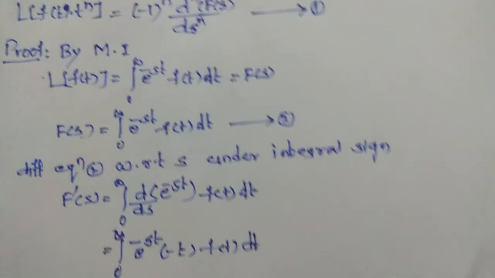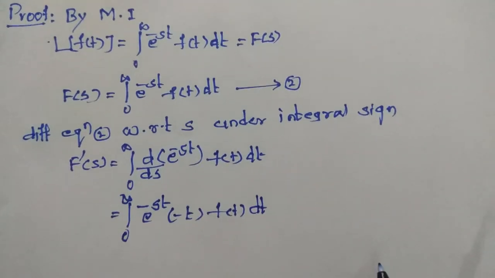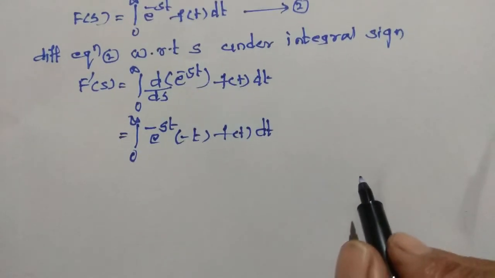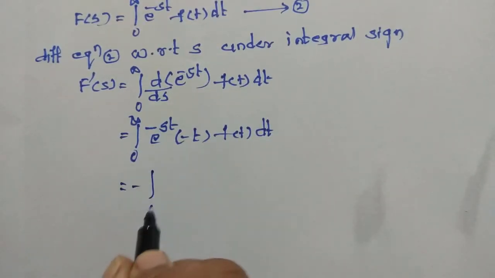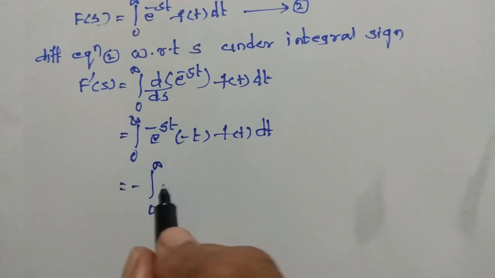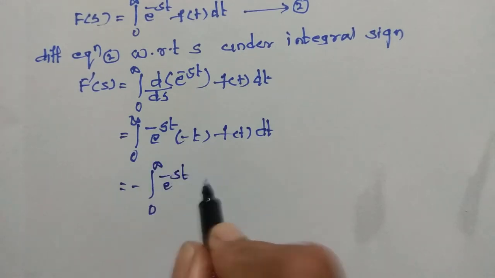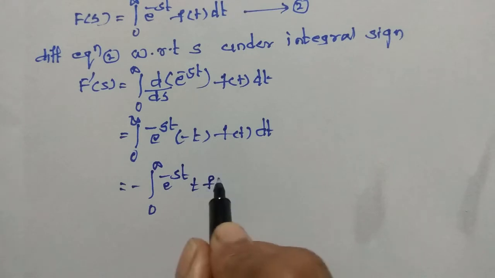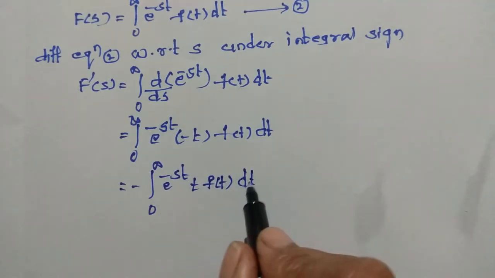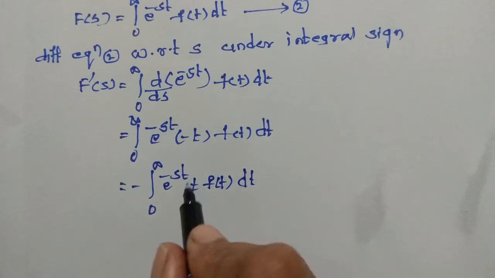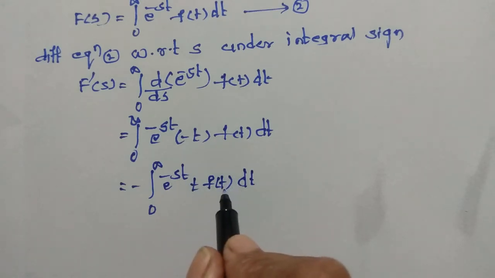Now, this equals, take the minus sign outside and keep the integral from 0 to infinity of e raised to minus st t into f(t). Now, this is the same as the Laplace transform where the function is given by t into f(t).